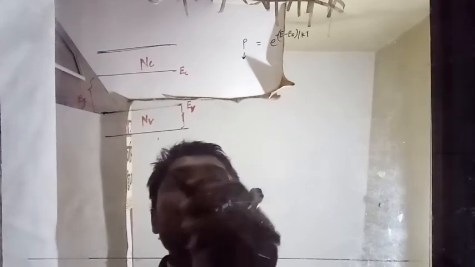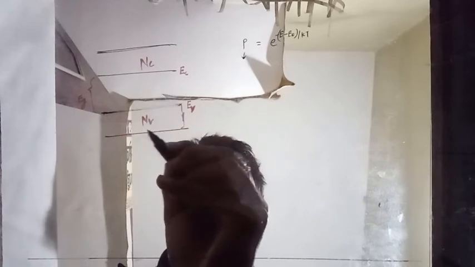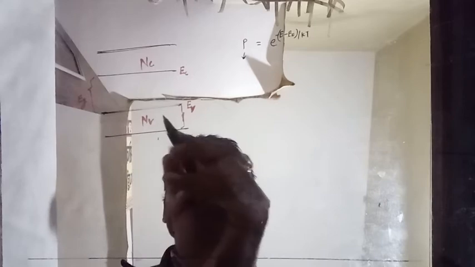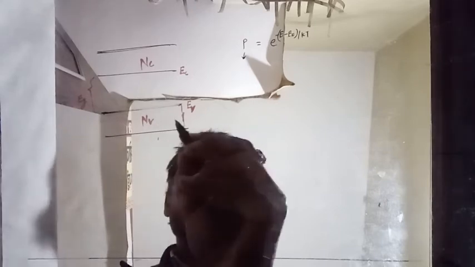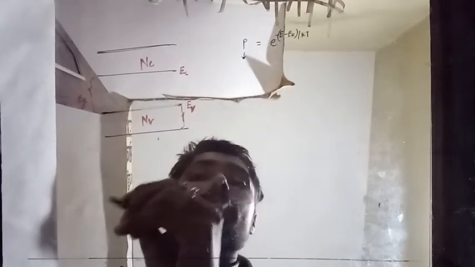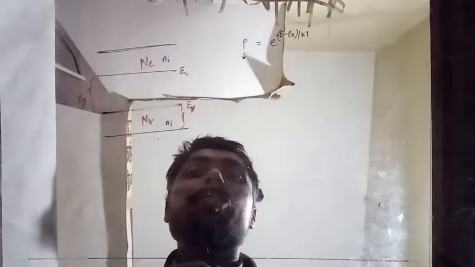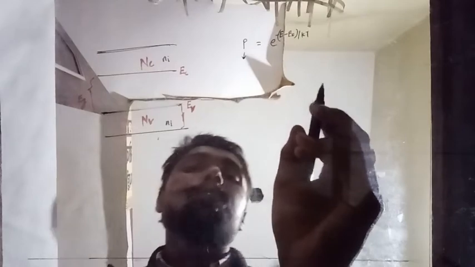Here the total vacancy is Nc, and in the valence band there is Nv vacancy. In the valence band there are holes and in the conduction band there are electrons. In the intrinsic material there are Ni holes, and in the conduction band there are Ni electrons moving.